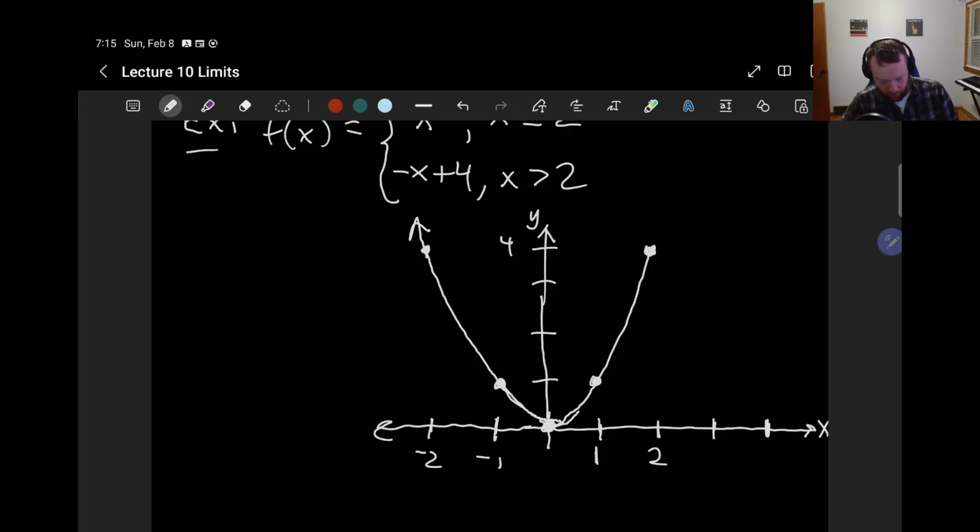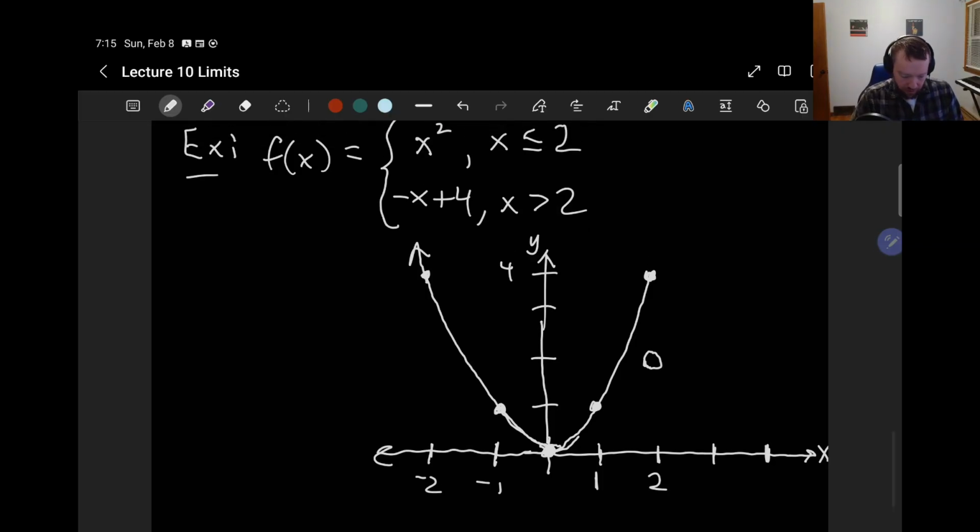If I have a slope of negative 1, keep going down 1 over 1 until we hit right here. 2, 2 is a point on that line. I'm going to draw it as a hole because this is when x is strictly greater than 2.